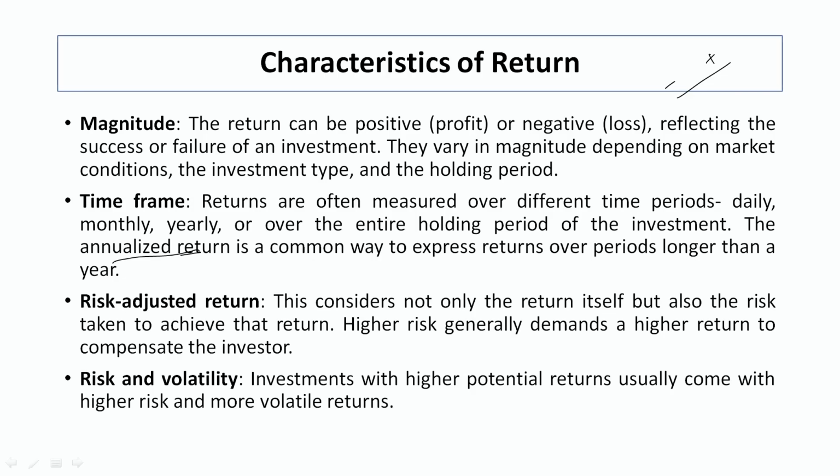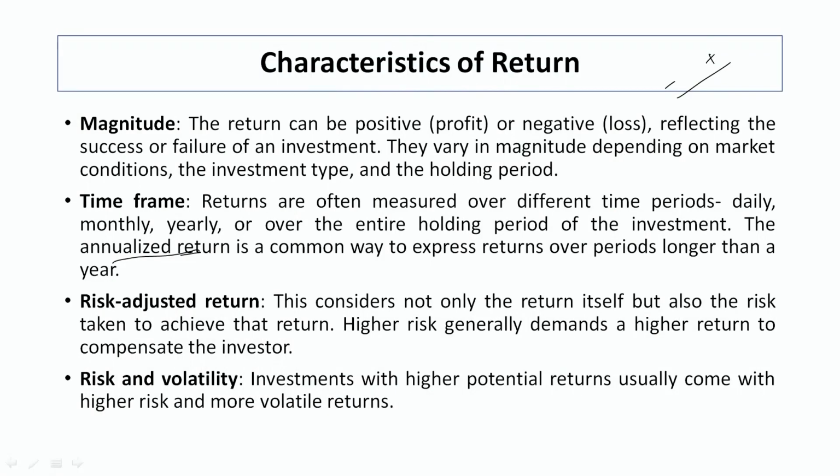Risk adjusted return, the third component. This considers not only the return itself, but also the risk taken to achieve that return. Higher the risk, higher the return. So, which type of security you select depends upon your risk appetite. If you are selecting a highly risky instrument, your return will also be high.